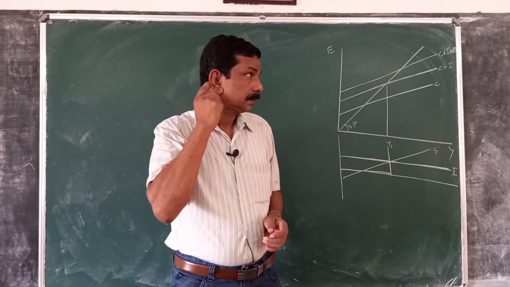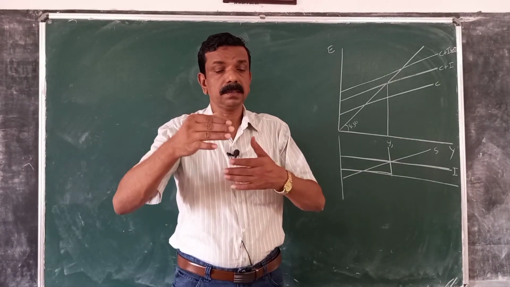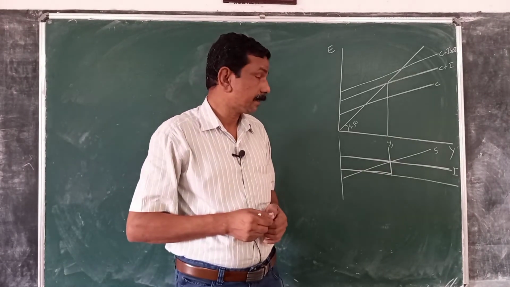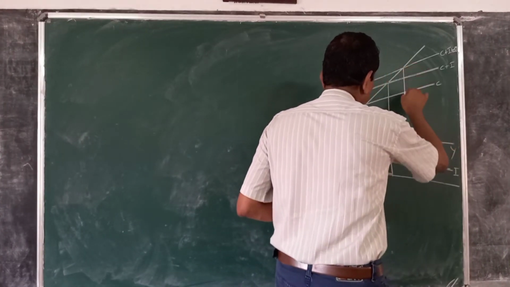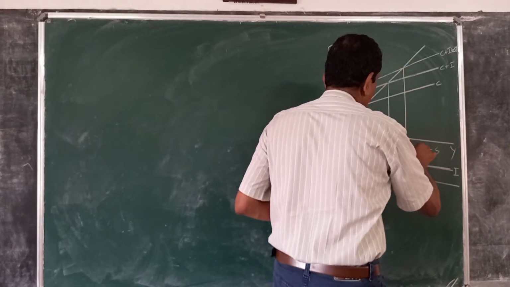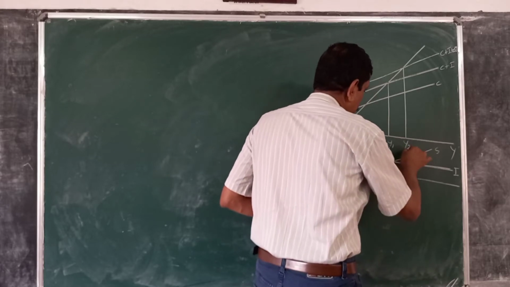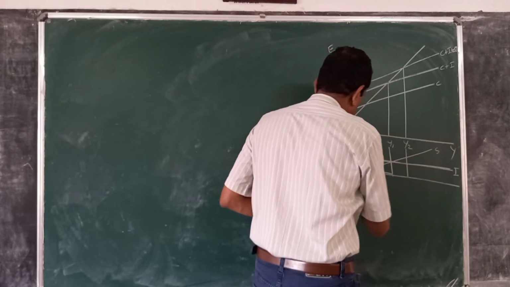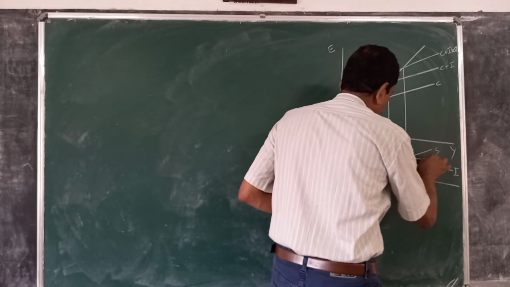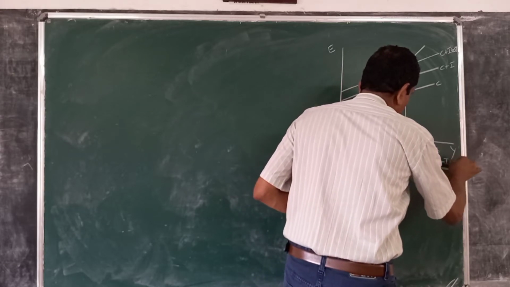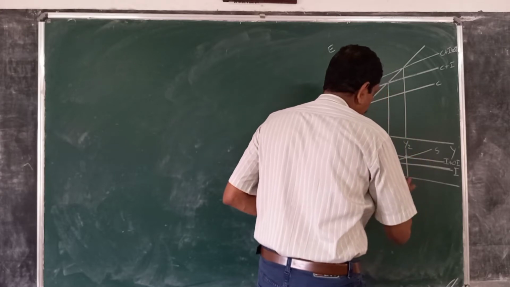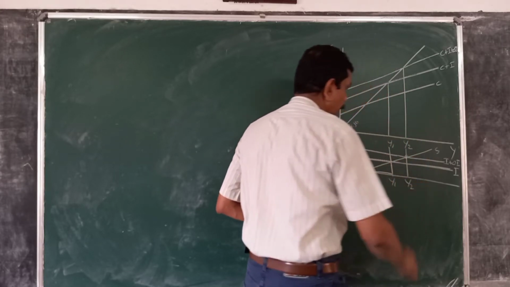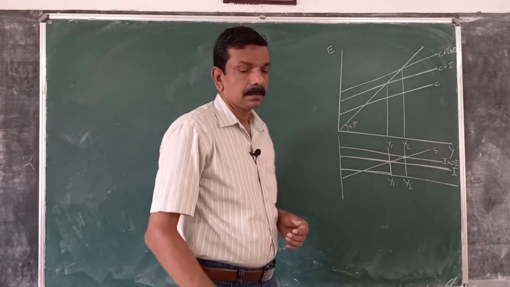As a result of this increase in aggregate spending, equilibrium level of income increases from y1 to y2. And in terms of saving and investment equality, I plus delta I is equal to S, the new equilibrium y2.